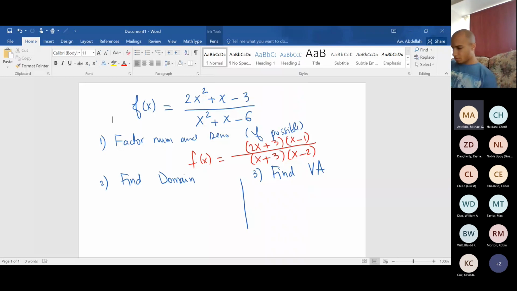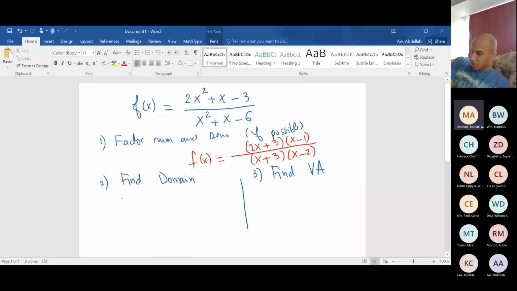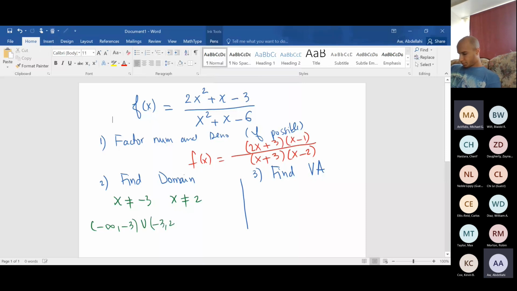Thank you, the bottom part. So x cannot be what numbers for the domain? 2 and negative 3. x cannot be -3 and x cannot be 2, right? That was the domain. And if you want to write this as an interval, it's going to be (-∞, -3) union (-3, 2) union (2, ∞), right?